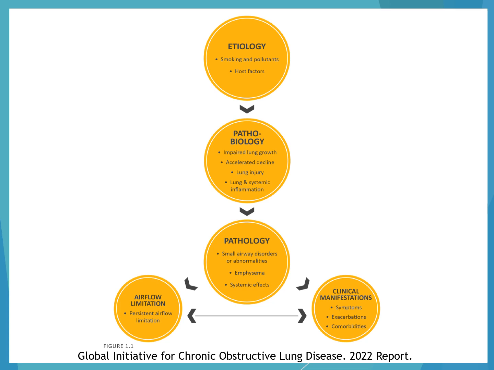This will lead to things like impaired lung growth, accelerated decline in lung function, lung injury, and/or lung and systemic inflammation. This then leads to those physiological changes that we discussed on the prior slide, including airflow limitation, as well as things like emphysema and clinical manifestations, including symptoms, increases in exacerbations, and leading to other comorbidities.